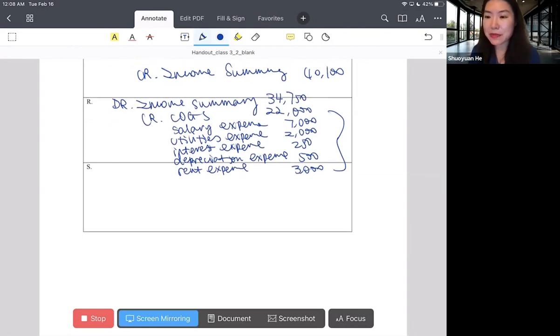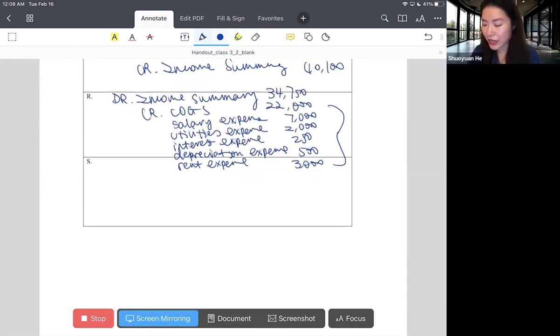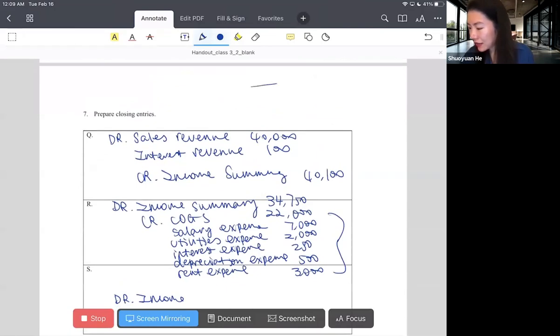And then the last step is to close out income summary, because income summary is also a temporary account. We close it out to retained earnings. If we make a T account for income summary, it was credited for 40,100.